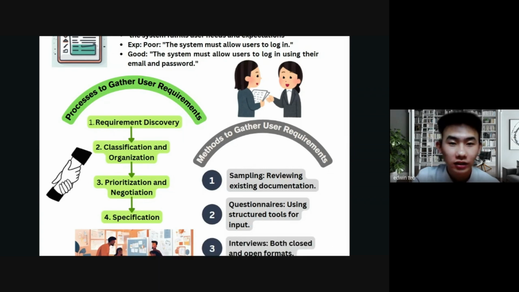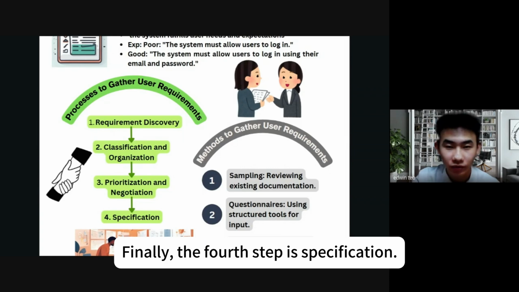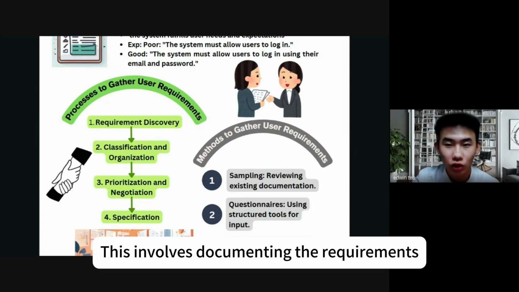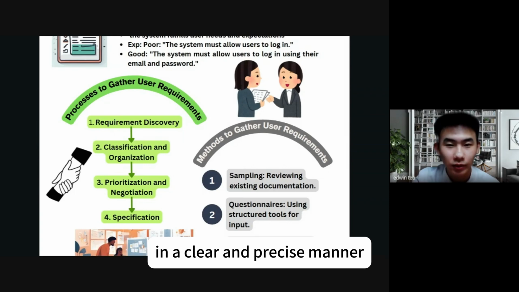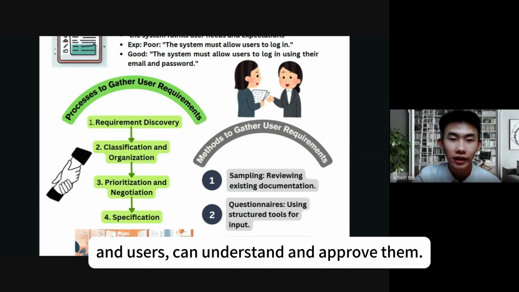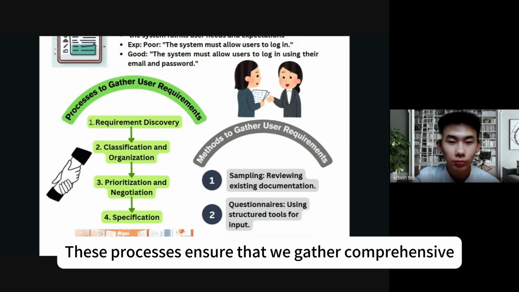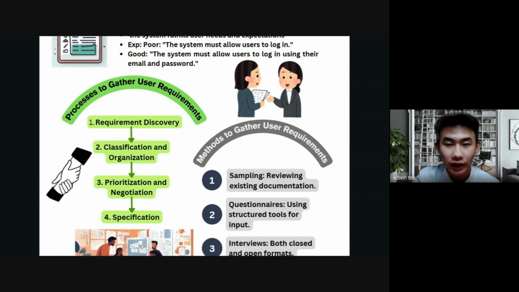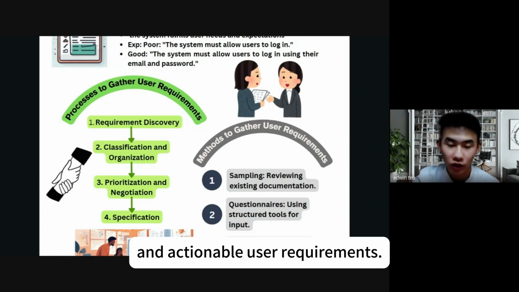Finally, the fourth step is specification. This involves documenting the requirements in a clear and precise manner so that all stakeholders, including the developers and users, can understand and approve them. This process ensures that we gather comprehensive and actionable user requirements.